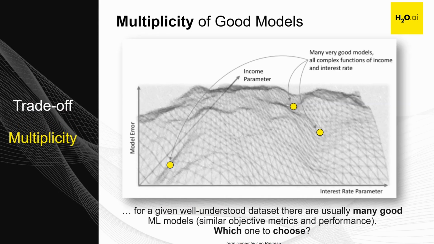Another interesting aspect where explainability may help is the multiplicity of good models. In the case of linear models, there is usually one best model, but with more complex machine learning models, you may get multiple models which have the same or similar objective metrics, and then you need to decide which of these models you would like to use.